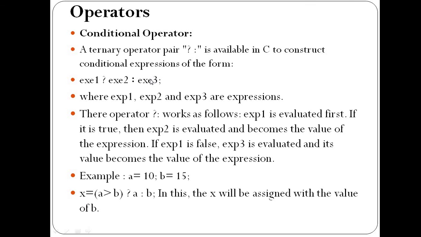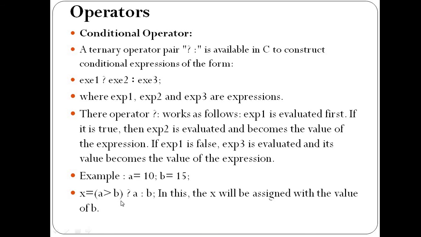So based on the expression, it will assign the value. If expression 1 is true, then expression 2 will be executed and expression 3 is skipped. But if expression 1 is false, then it will skip expression 2 and the value becomes expression 3. In the same example, suppose the value of a is 15 and b is 10.